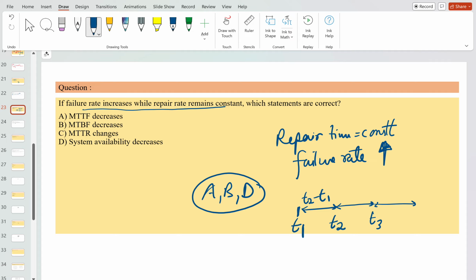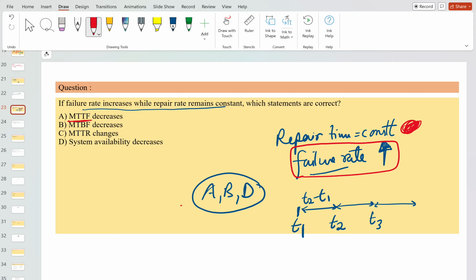So when the failure rate is increasing and the repair time is constant, mean time to failure decreases. When you see the first statement, mean time to failure decreases, that can be corrected.